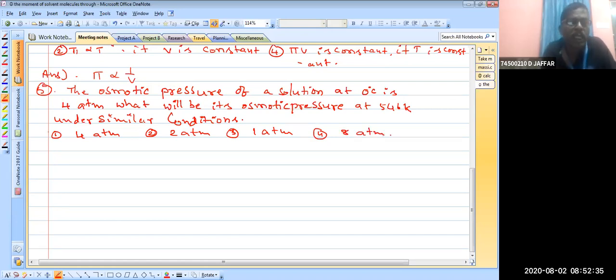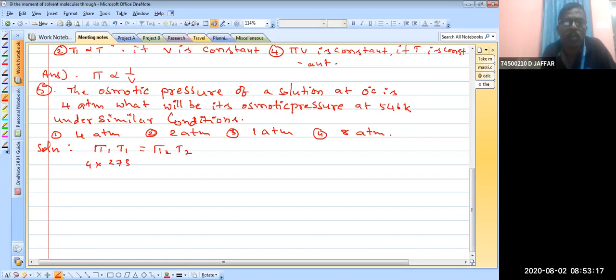Here we know that the relationship between osmotic pressure and temperature of two solutions is pi 1 T1 is equal to pi 2 T2. Pi 1 is the osmotic pressure and T1 the temperature of the first solution. So pi 1 is 4 atmospheres, and T1 is 0 degrees centigrade or 273.